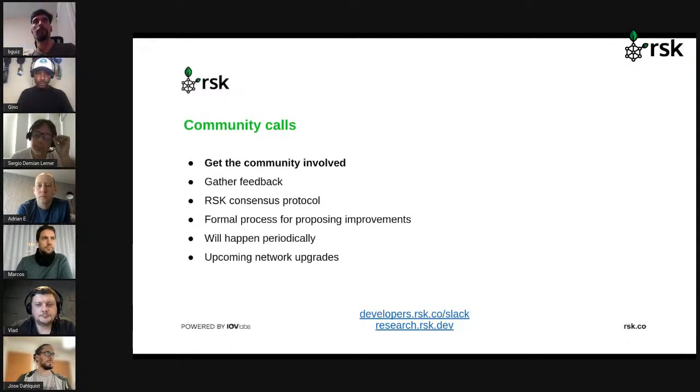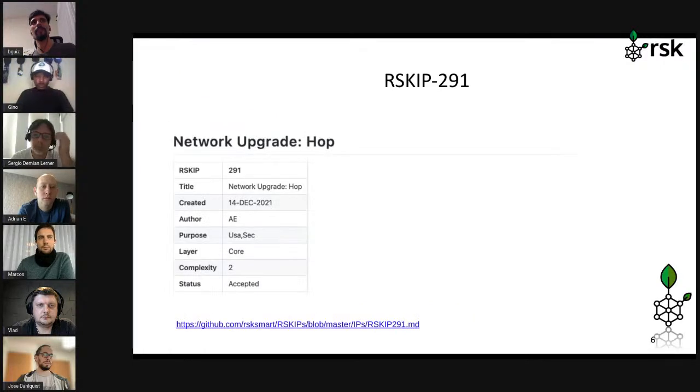These community calls will happen periodically, and will definitely happen every time there is an upcoming network upgrade, which is actually the reason for this particular community call. The network upgrade for HOP is the next one, and there's this meta RSK IP called RSK IP 291, which basically lists all of the RSK IPs that were included as part of this release.